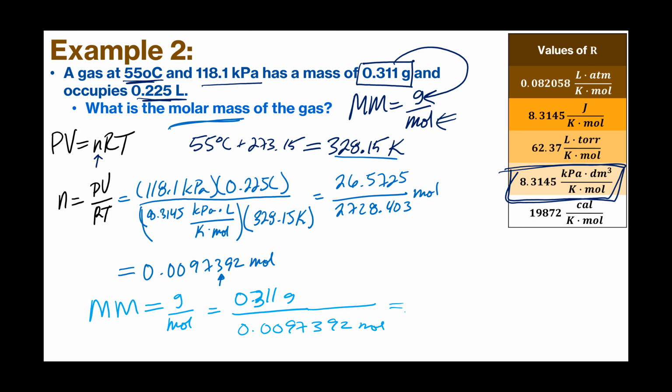So 0.311 divided by the moles we just figured out is 31.93276 grams per mole. Then we just got to round it. This will give you 3 significant figures, so we'll round this and get 31.9 grams per mole.